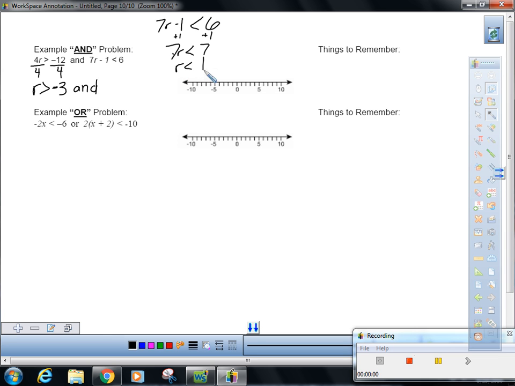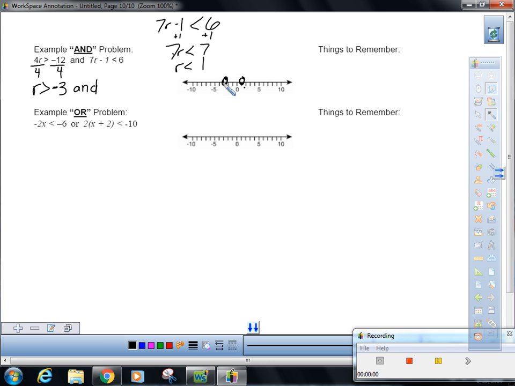So r is bigger than negative 3, and r is less than 1. Well, here's a spot: open dot on 1, an open dot on negative 3.